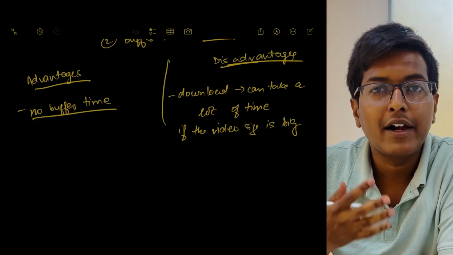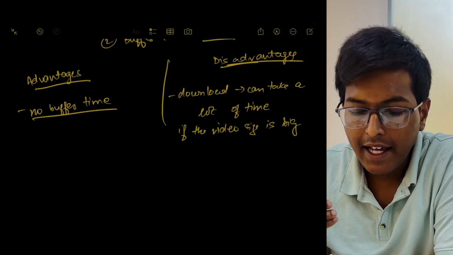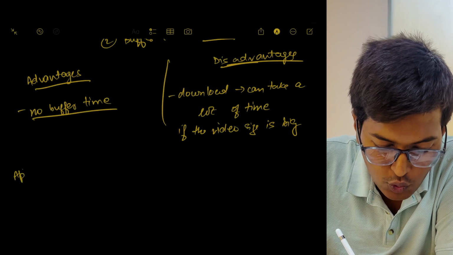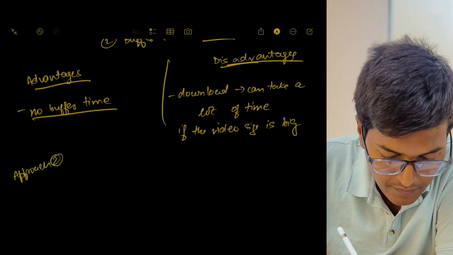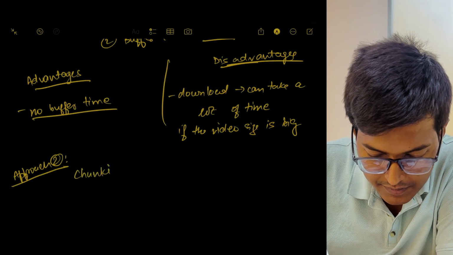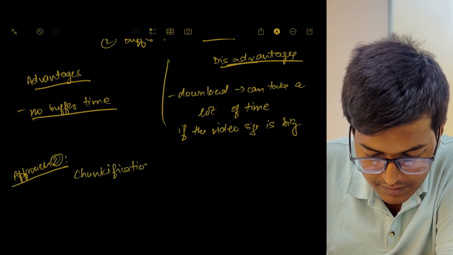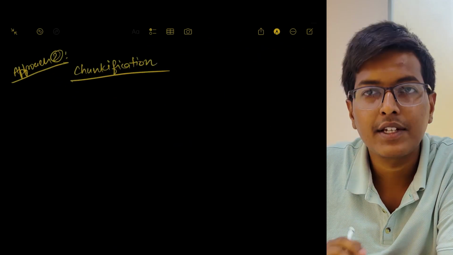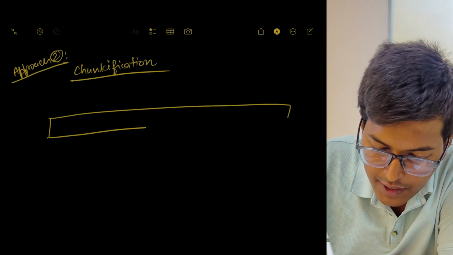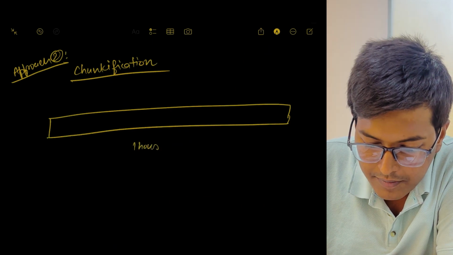Let's take the good parts of this approach and try to minimize the disadvantage of it and move to approach 2. This approach 2 is famously known as chunkification. So what is chunkification? Let's say this is my complete video of, let's say, 1 hour.